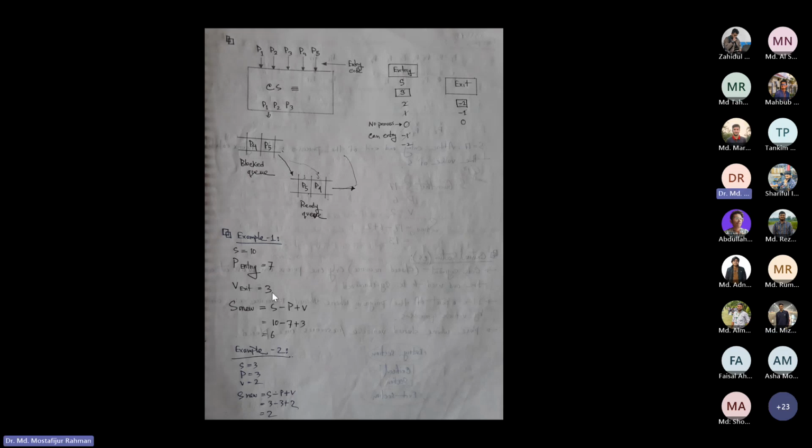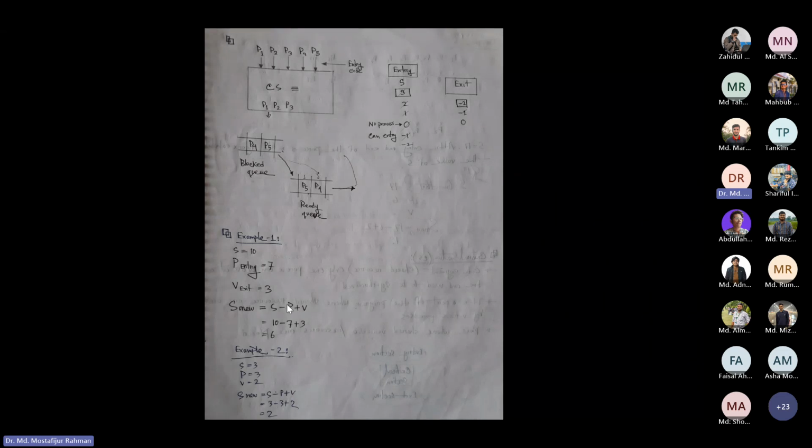V exit means 3 processes exit after execution, exiting from the critical section. Clear? So what will be the value of the semaphore, the new S? The value of S is 10.